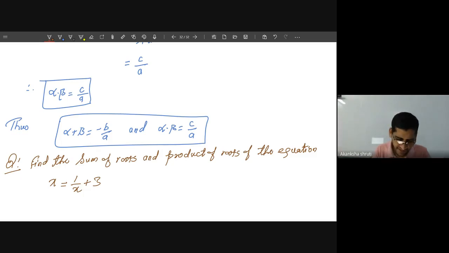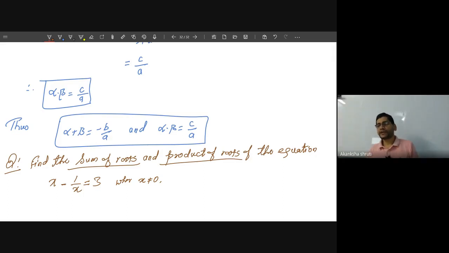Student, let me slightly rearrange the sign so that you can understand the concept. Change the sign a little here. So take this as minus and take this as equal. Where x cannot be 0, this is the common understanding. So you have to get the sum of roots and product of roots of this equation. Okay, student? Keep in mind, in a quadratic equation, the question will not be in a standard form.